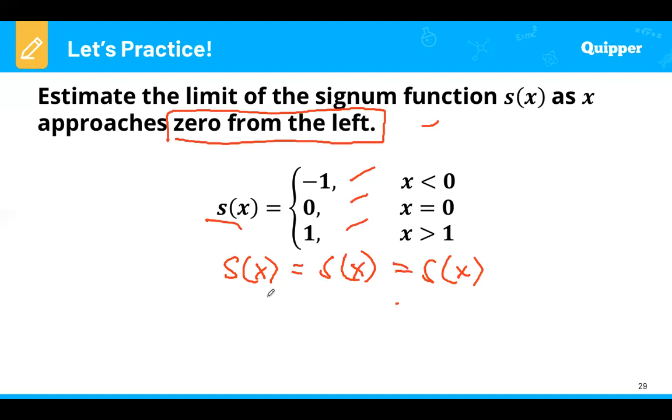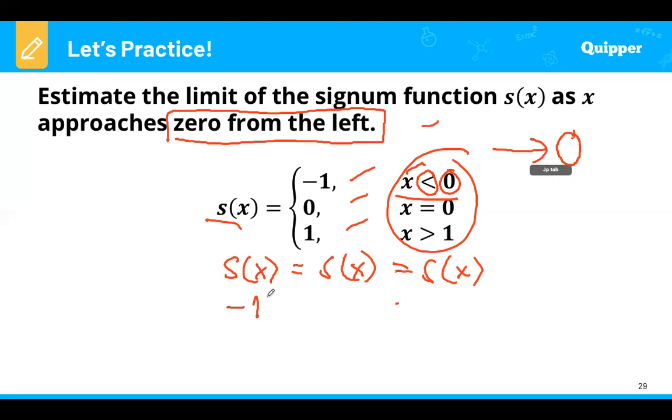The first one: s of x is negative 1 if x is less than 0. So less than 0, the function or the limit is negative 1.